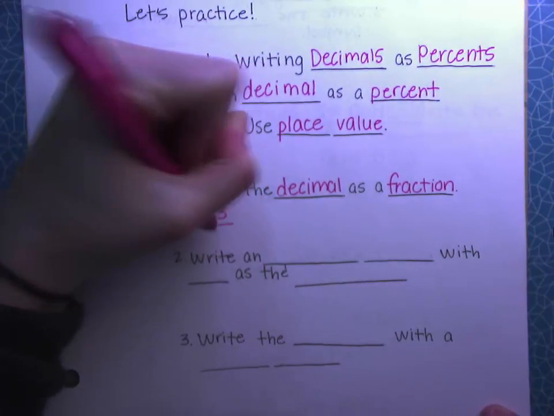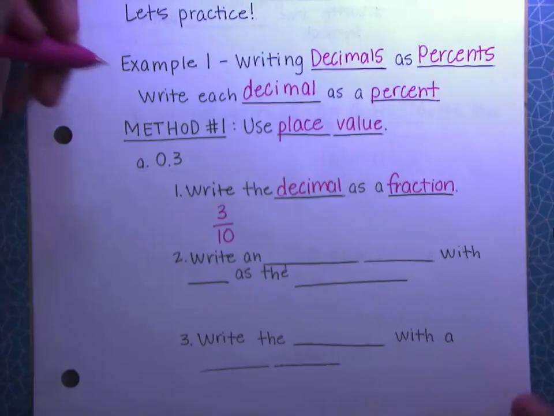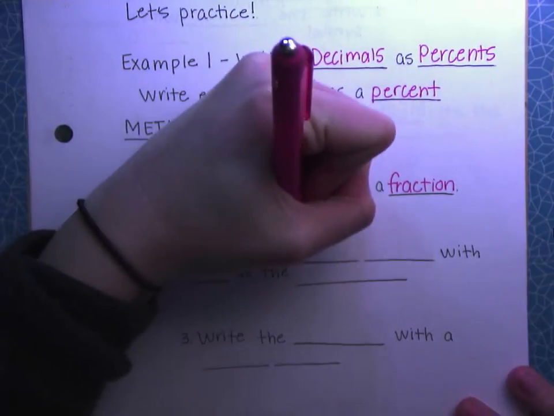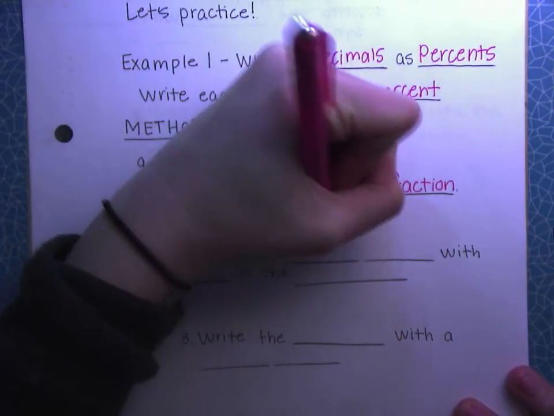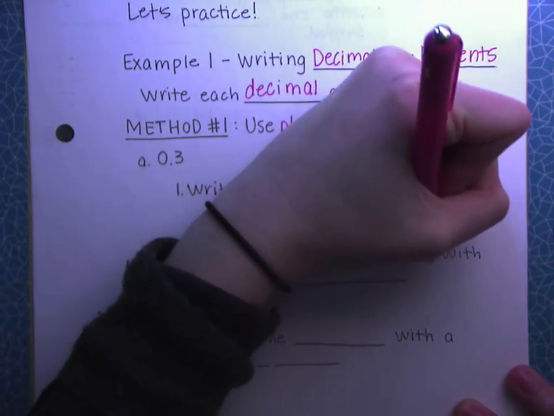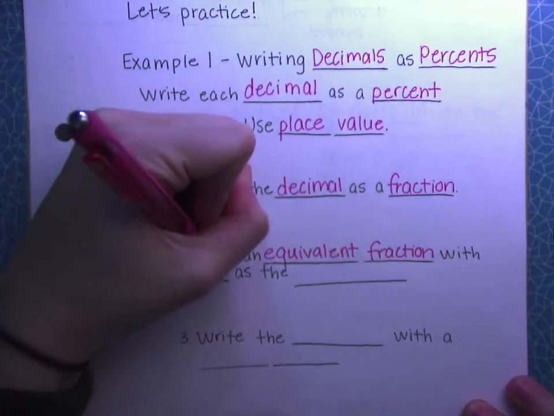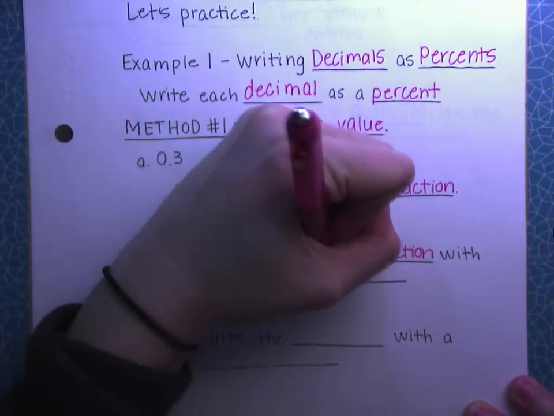That's how we read that decimal, so that's how we could write it as a fraction, 3/10. But we still don't have a percent, so what we're going to do is write an equivalent fraction with 100 as the denominator.